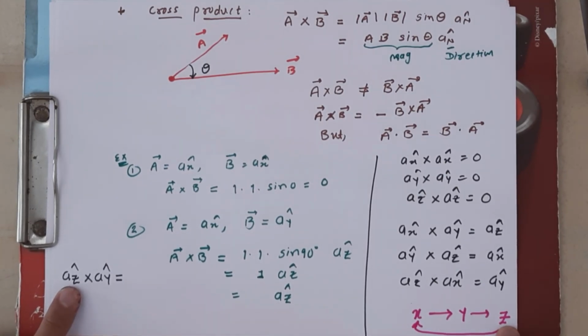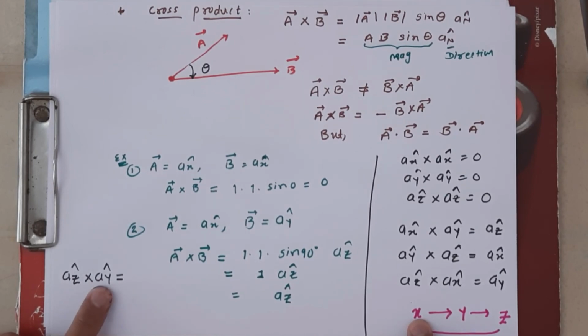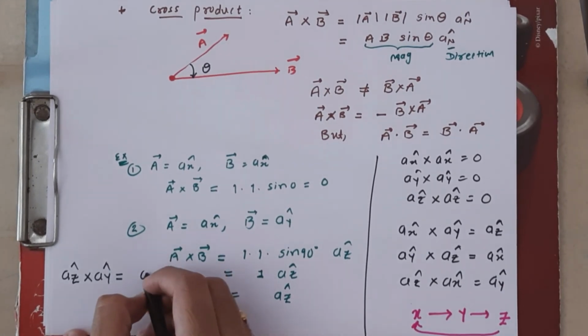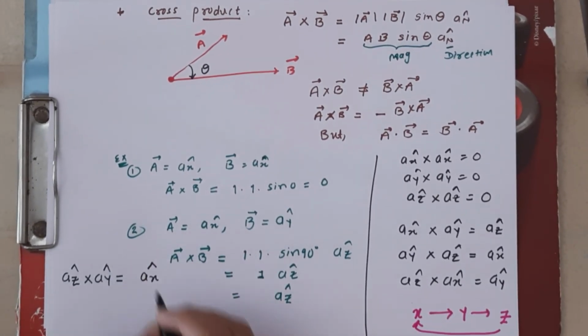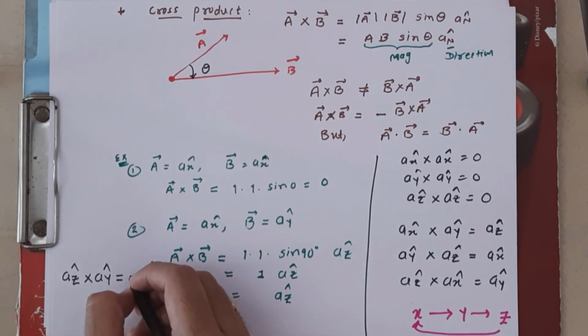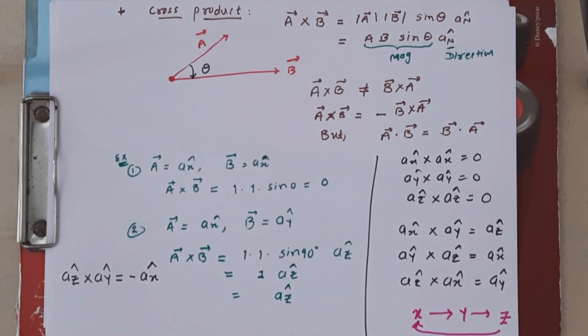After Z it should be X, but in our question after Z it is Y. So the answer is X, but it is not positive X, it is negative X, because it is actually the reverse way.